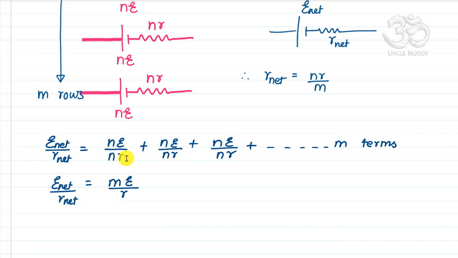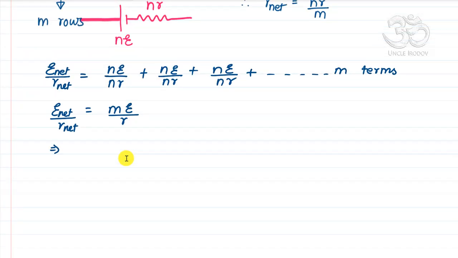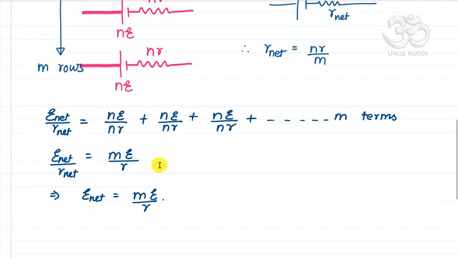But I can find out E net from here very easily, and E net is equal to mE by r times R net, and R net will go there in multiplication, and R net is nr by small m.